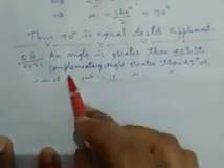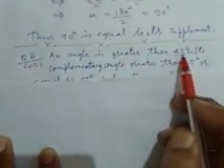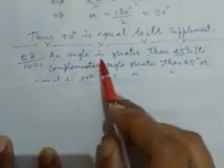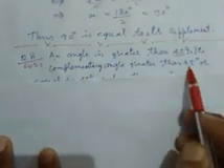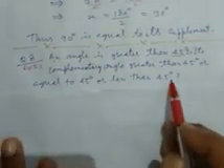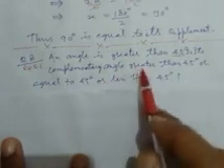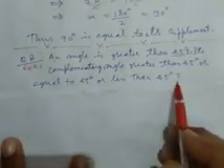Is its complementary angle greater than 45? The question demands we check the complementary angle of the given angle. We have three options: greater than 45, equal to 45, or less than 45.